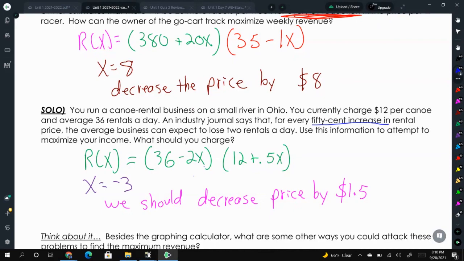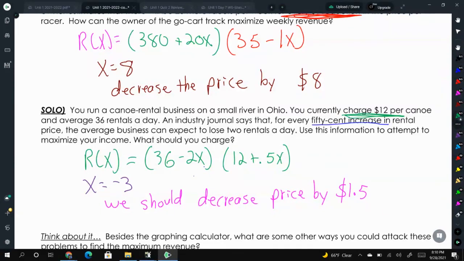Well, that means we should be charging less than the $12. What that tells us is that 12 is too much. Charging $12 is too much. I'm losing revenue, and I need to go backwards and charge less than that. So that's why we got decrease the price by $1.5 or $1.50.